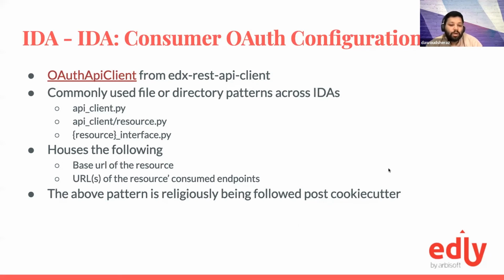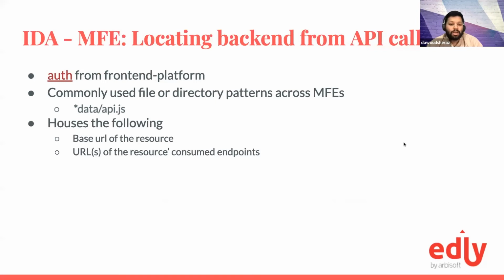These files will house the OAuth client, the base URL of the resource, and the URLs of the endpoints that the IDA is consuming. And the above pattern is followed religiously after the post cookie cutter era. Some consistency is there pre-cookie cutter time as well.